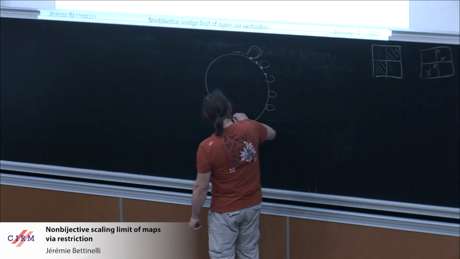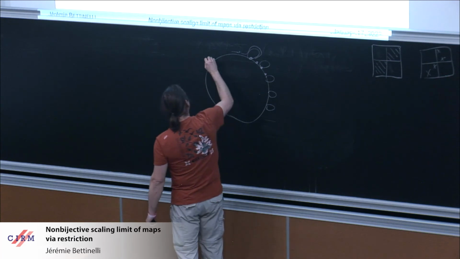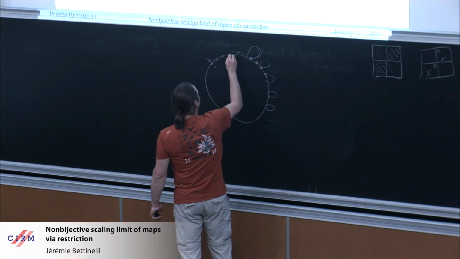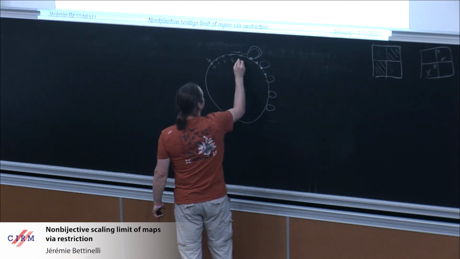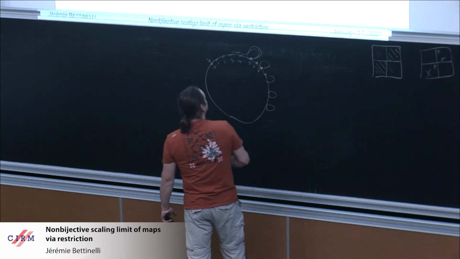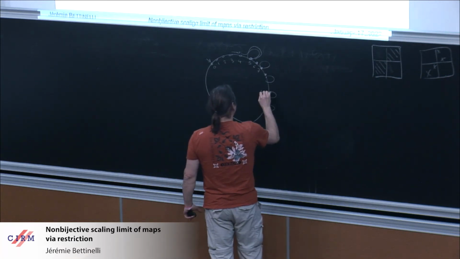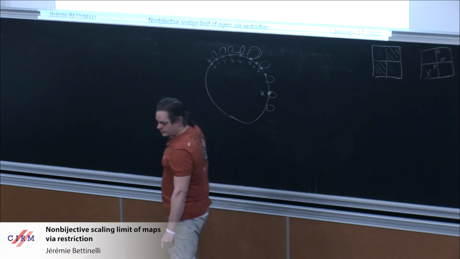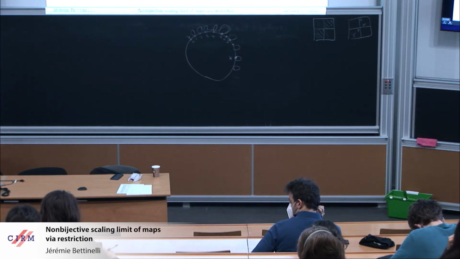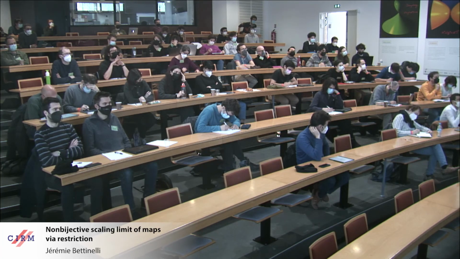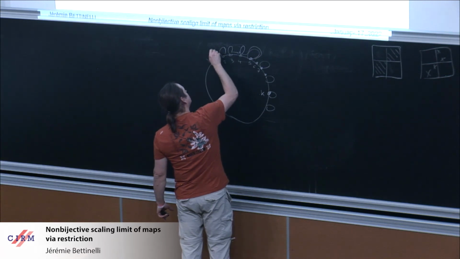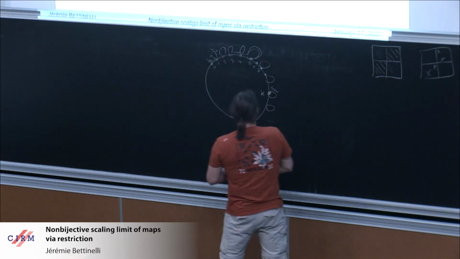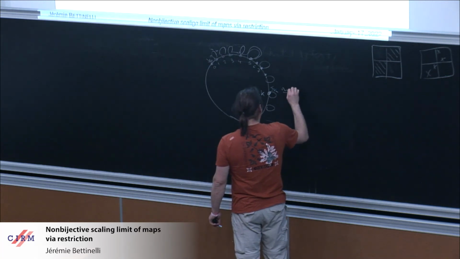So here, let's say the root is there. If I look at the boundary of the core, and so on, and if I go there, here I go there, so on. There I have j_k. What I'm saying is that j_k is roughly 3k.